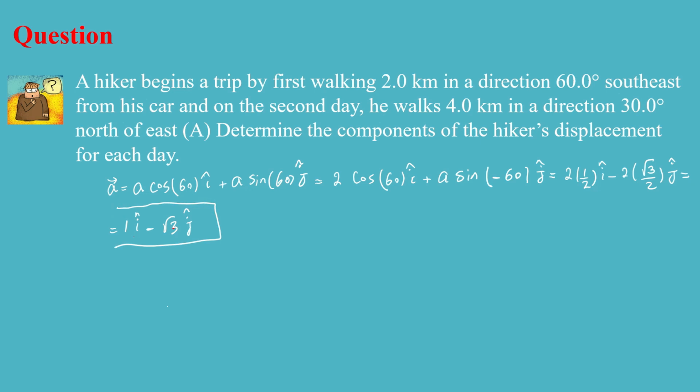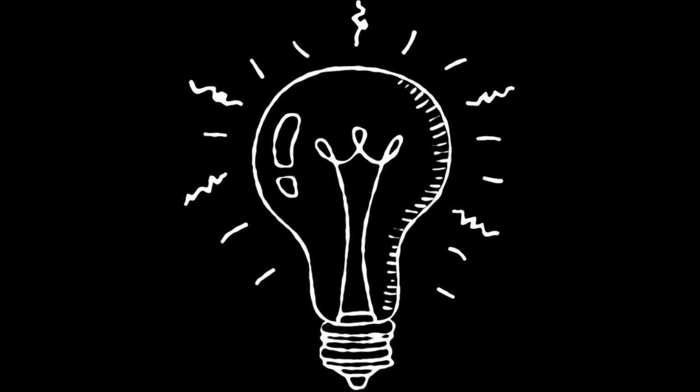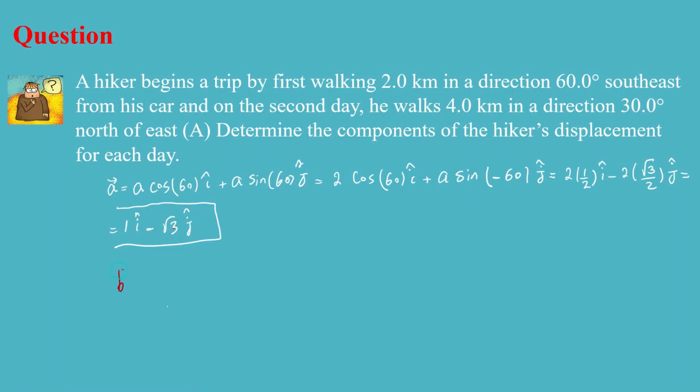What about vector B? Feel free to pause the video and think about it. For vector B, what I can write is B cosine 30 I plus B sine 30 J, right?